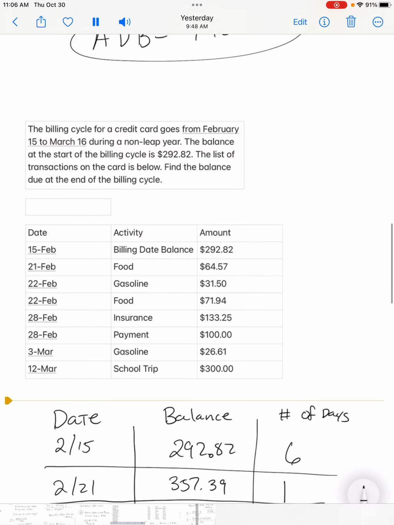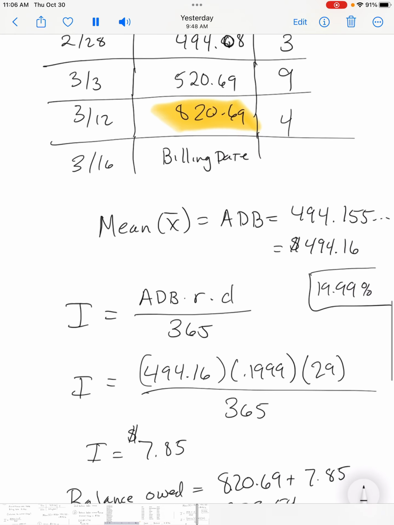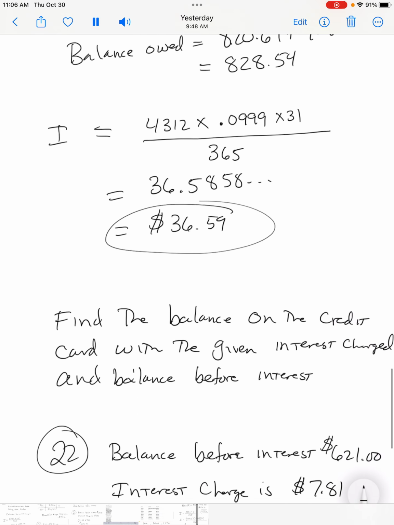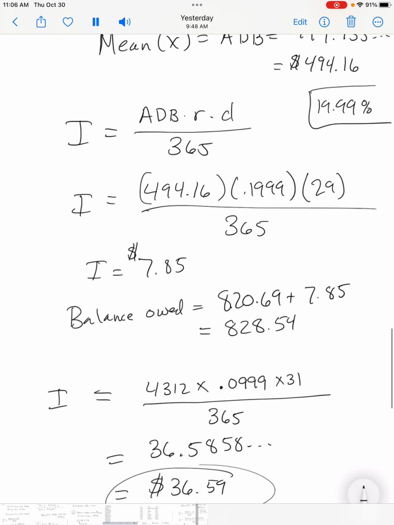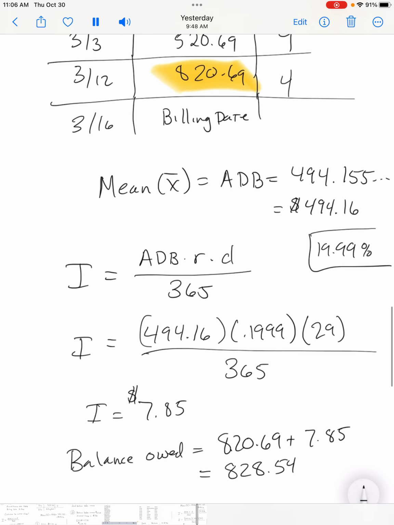Then the next problem would read, if we were looking at the next cycle, from March 16th to whatever they say, April 15th or April 17th, this is what we want you to do. And you would start that out with this number, 828.54.